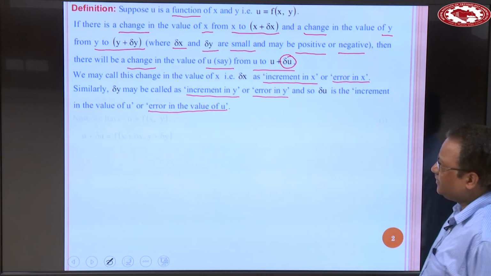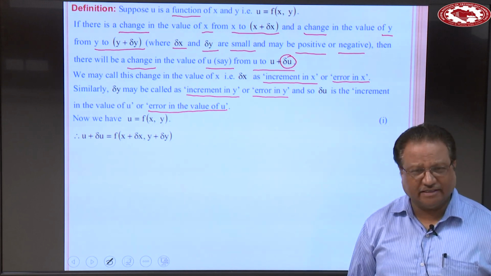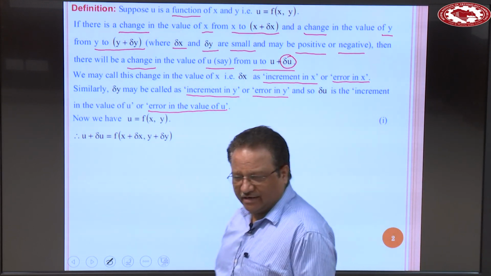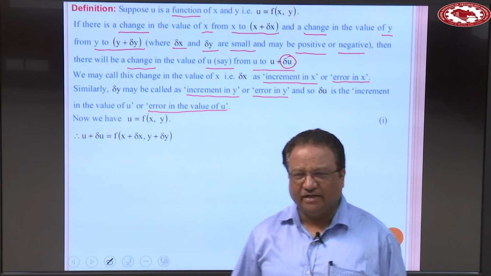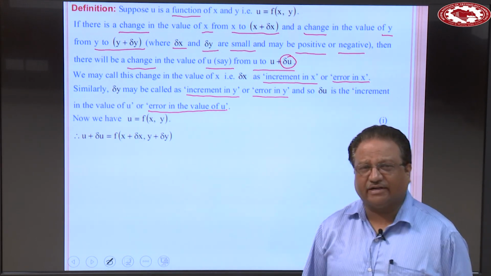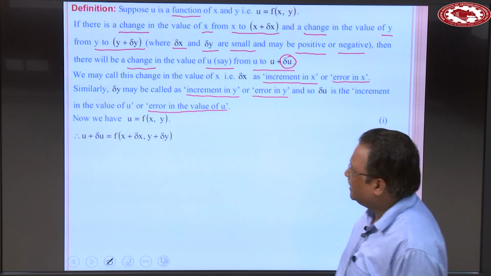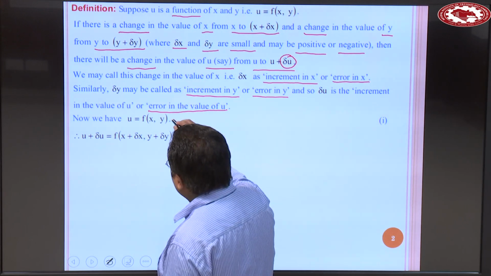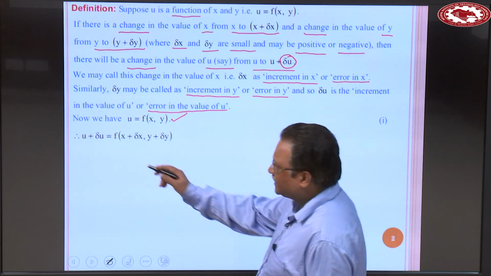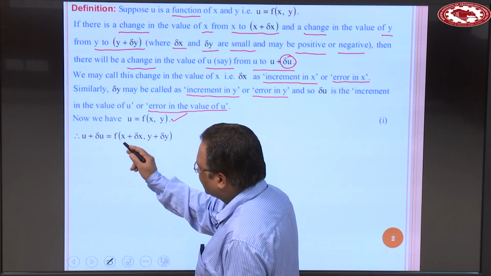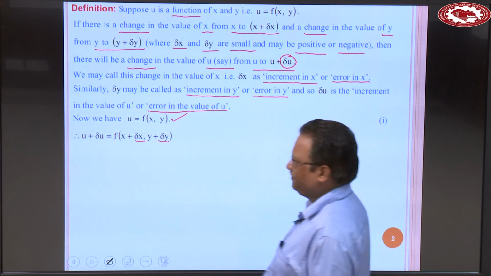Now, let us develop a formula for evaluating the effect of small errors. If we are given an error in the value of x or in the value of y, how can we evaluate the effect of these errors on the value of u? Since u is a function of x and y, u plus delta u is a function of x plus delta x and y plus delta y.